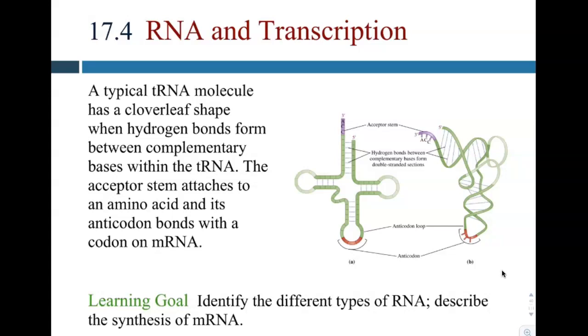But that's not all that my DNA gives me information for. My DNA gives me information coded to make proteins. And so we're going to go through the whole process of how I go from genetic information to proteins, because the purpose of the DNA is not just to split and make new cells.